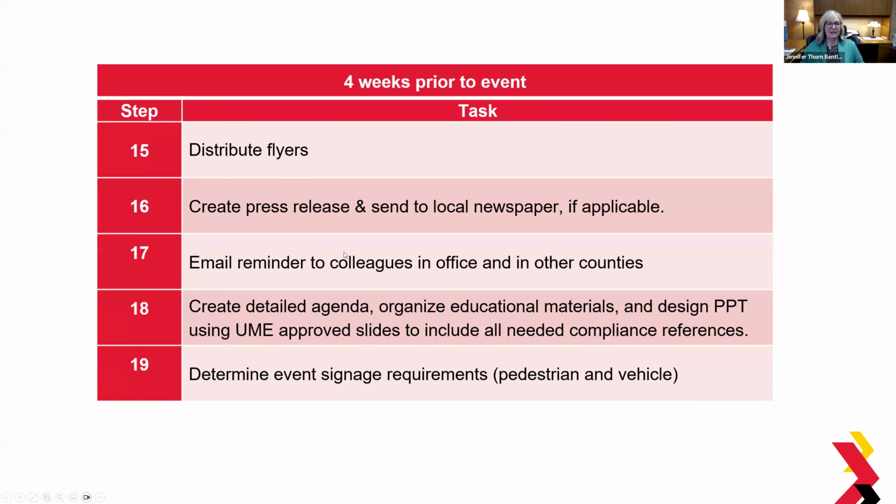So now we're about a month out prior to the event. We're going to do all the distributions, create the press releases if you're still using the local newspaper, and keep our colleagues in the office reminded. We always talk about this at my staff meetings every month: what are the big upcoming programs and dates, so that even though we should have talked about it two months ago, everybody gets reminders that there are going to be 50 people through the office on X day, or the 4-H team is going to be super busy preparing for this event.